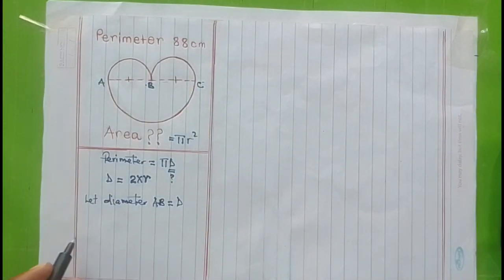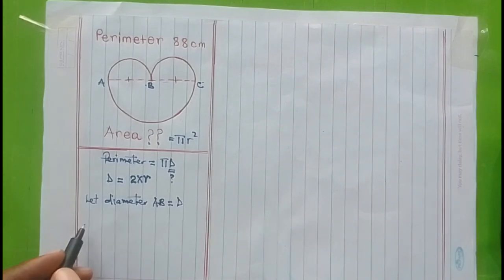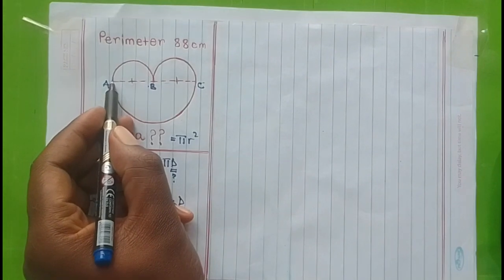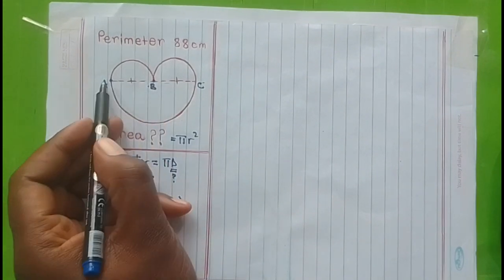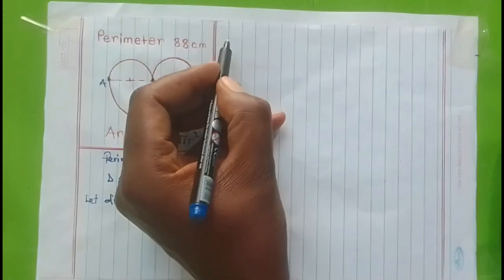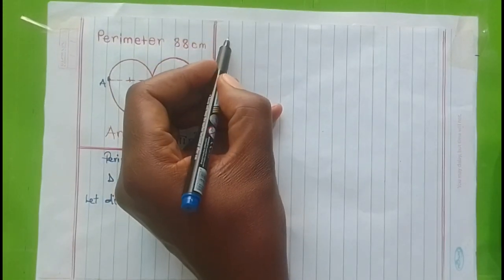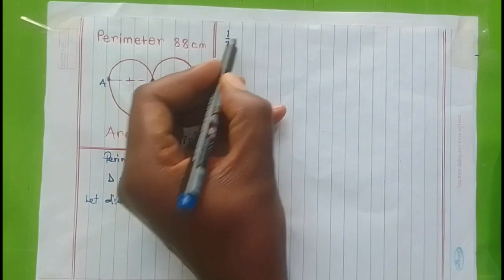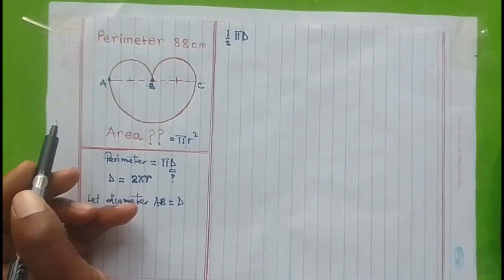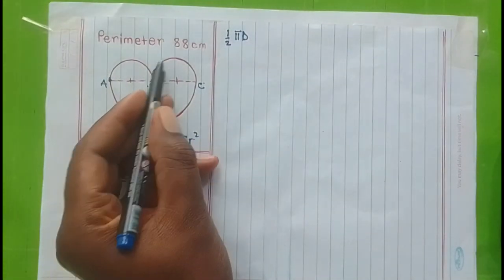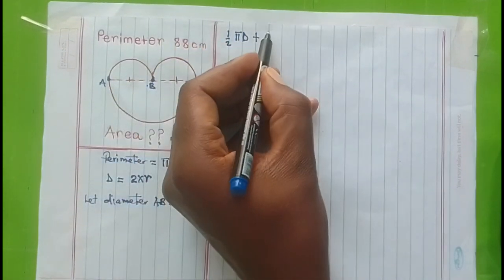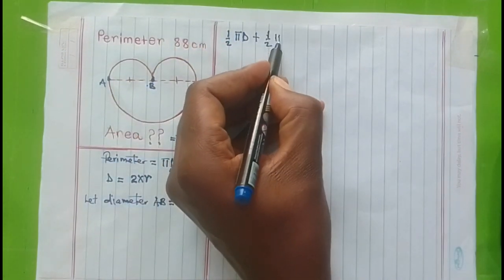So the formula of getting the perimeter of the arc, or the distance from A up to B, will be a half of the circle, pi d. From B to C will be a half of the circle, pi d.